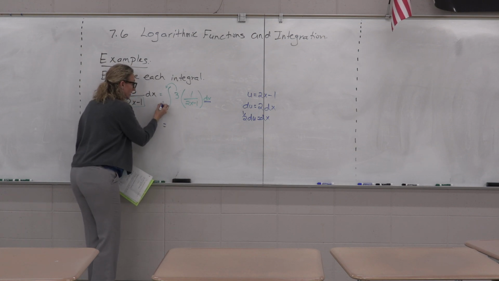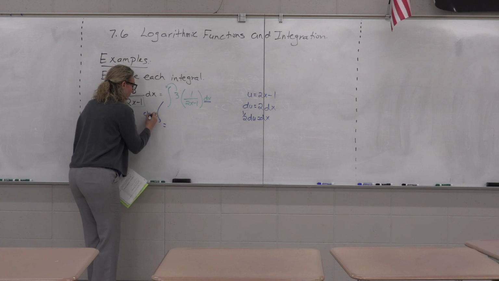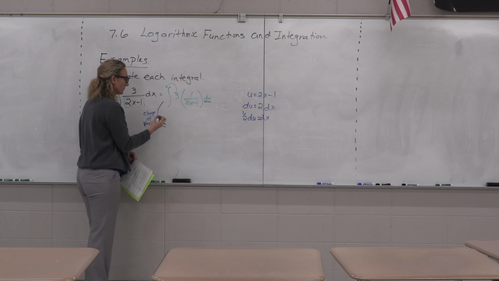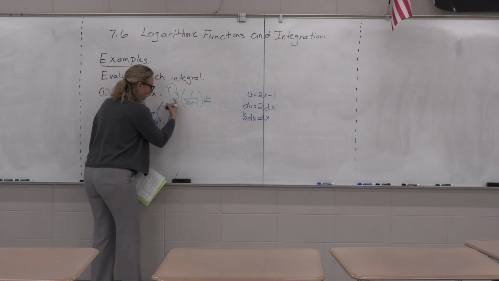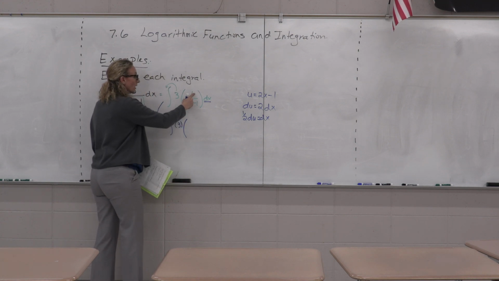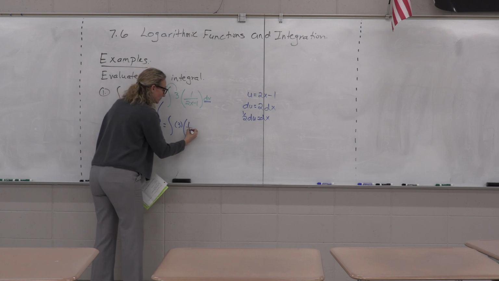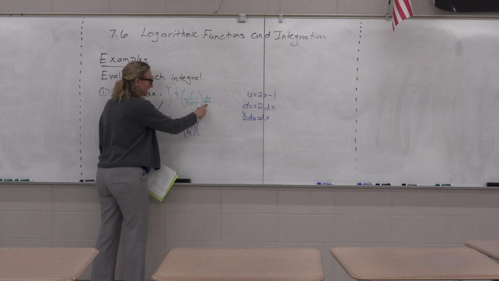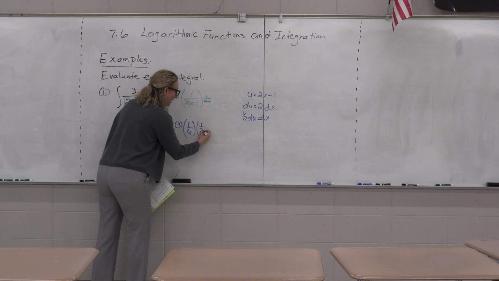Okay, change a variable, going from x's to u's. So we've got the integral of, either out front or in there, 3 times 1 over u times dx, which is 1/2 du.